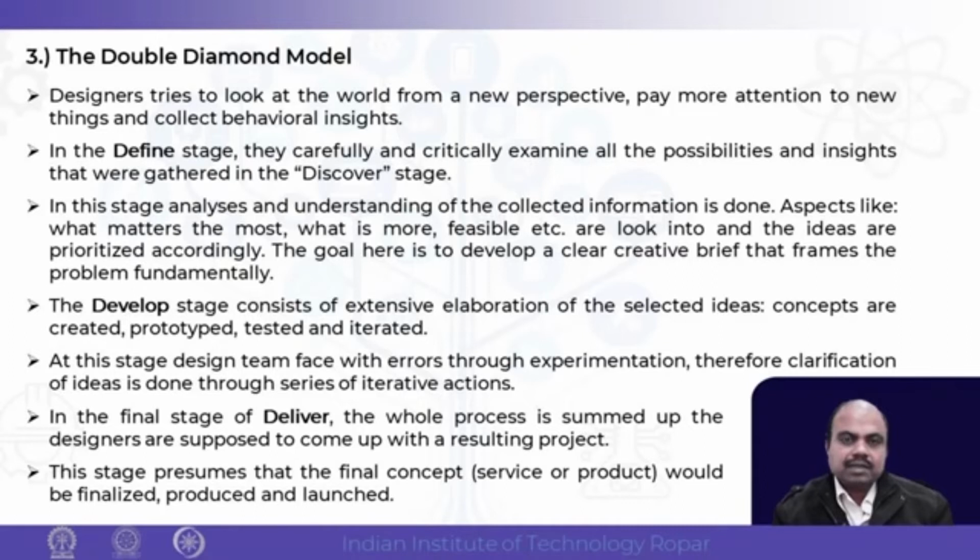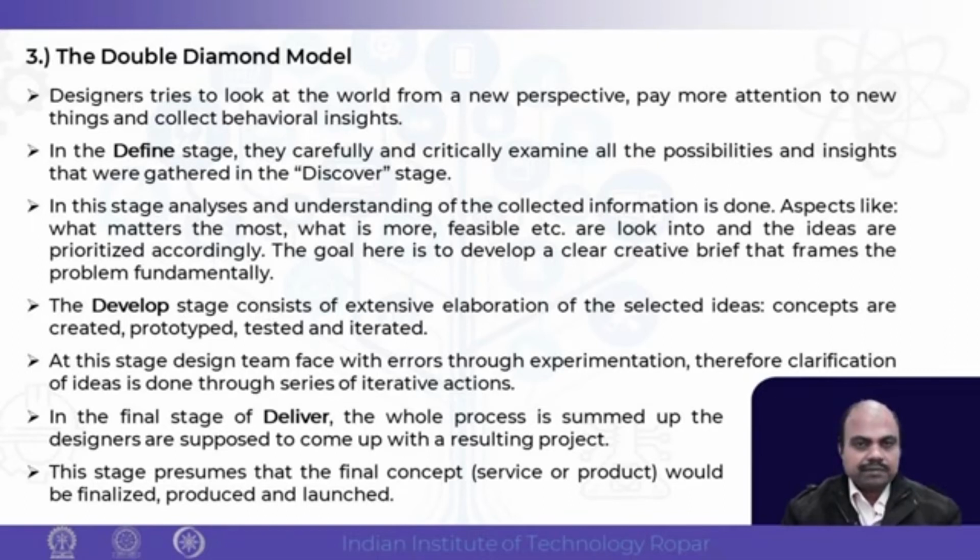fundamentally. The next step of this one, as already discussed, is the develop phase, which consists of extensive elaboration of the selected ideas, concepts created, prototypes tested, and iterated. So at this stage, the design team faces errors, experimentation, clarification is done, and a series of iteration and action.